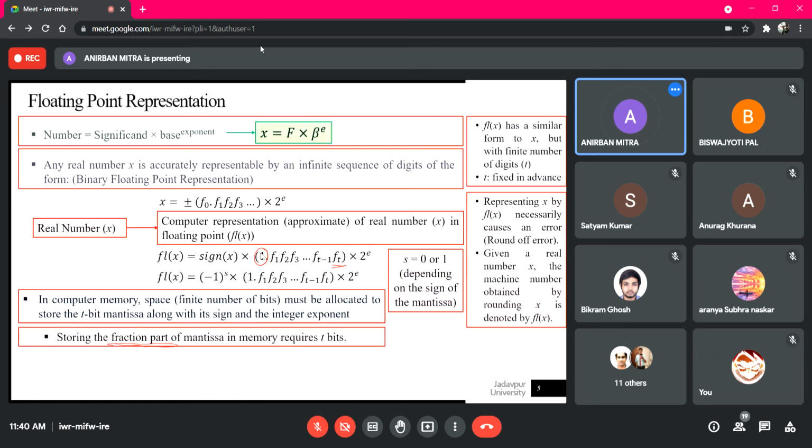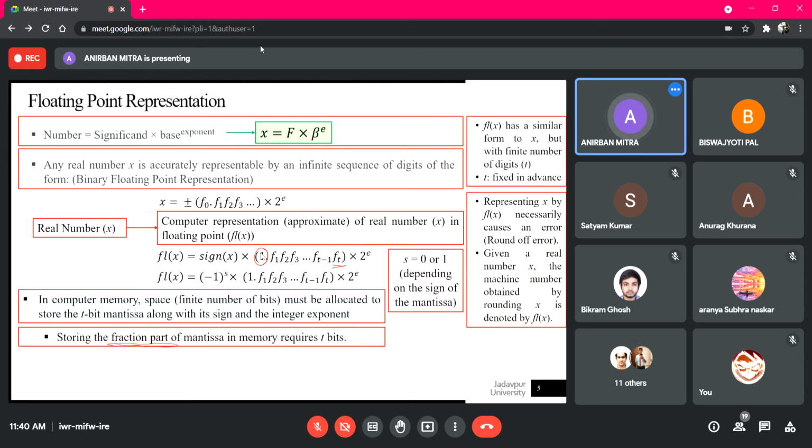This has an added advantage also, that we do not waste a bit for storing the 1. Because it is implied, all the t bits would be devoted to storing the t bits of the fractional part.